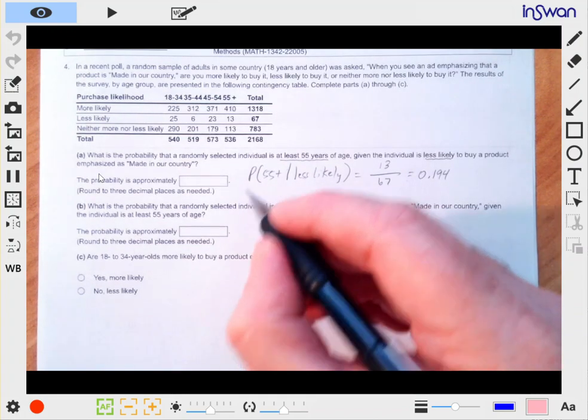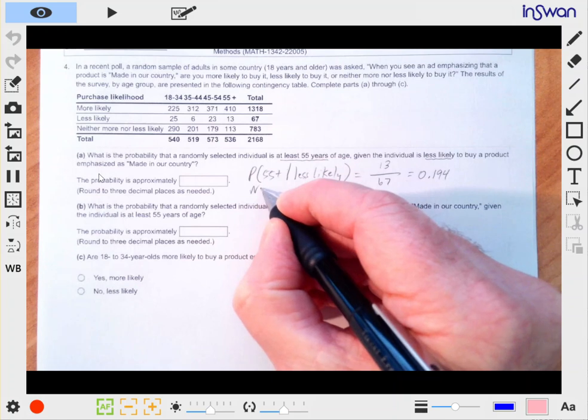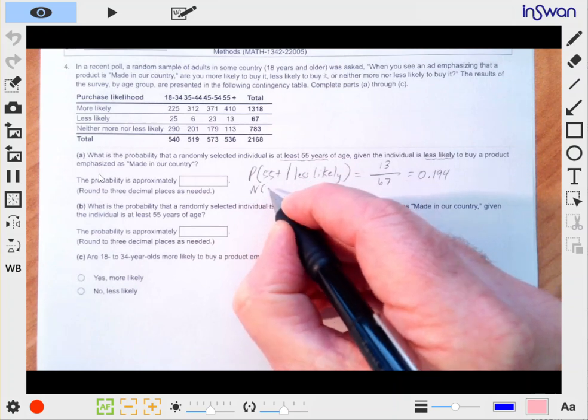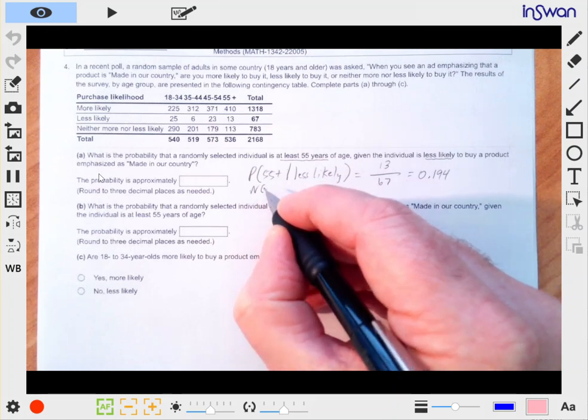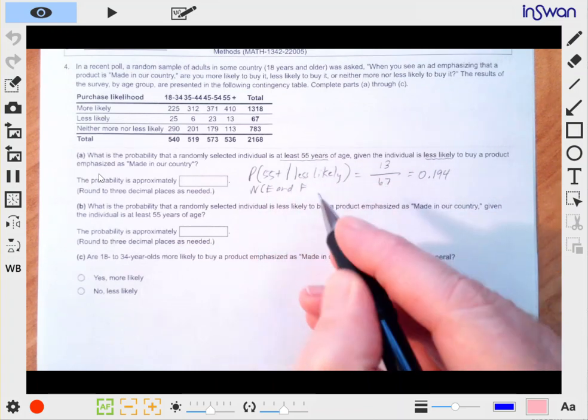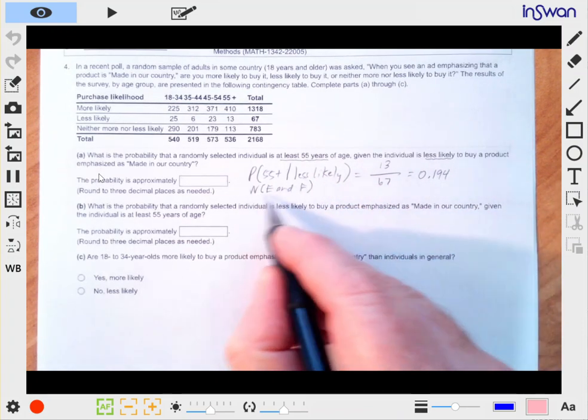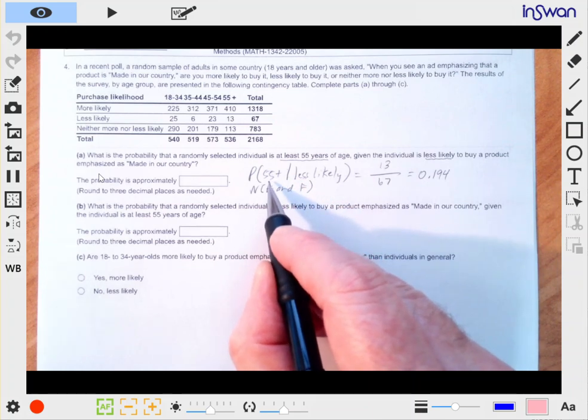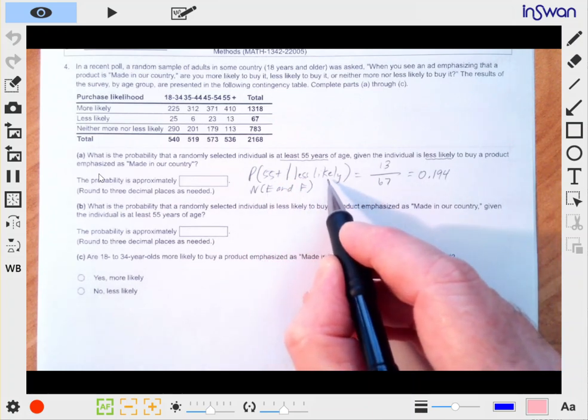Now I just want to make this as clear as I can. If you're using the formula, you could also think of it as the number of outcomes in E and F, where E is being 55 plus and F is being less likely.